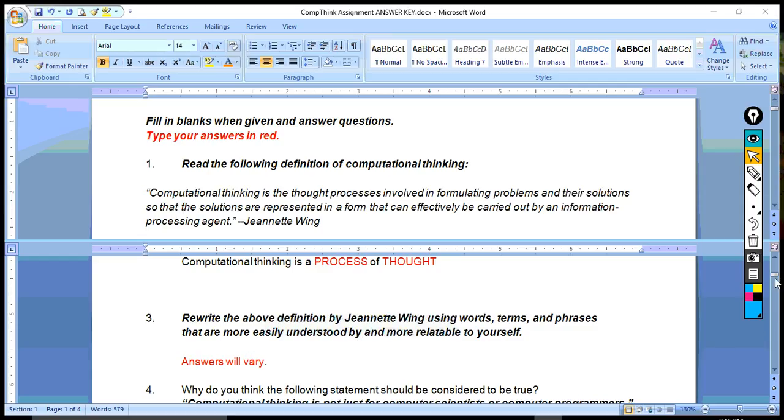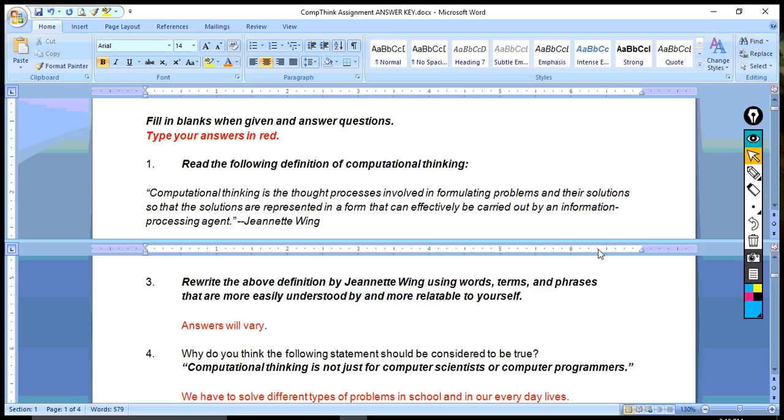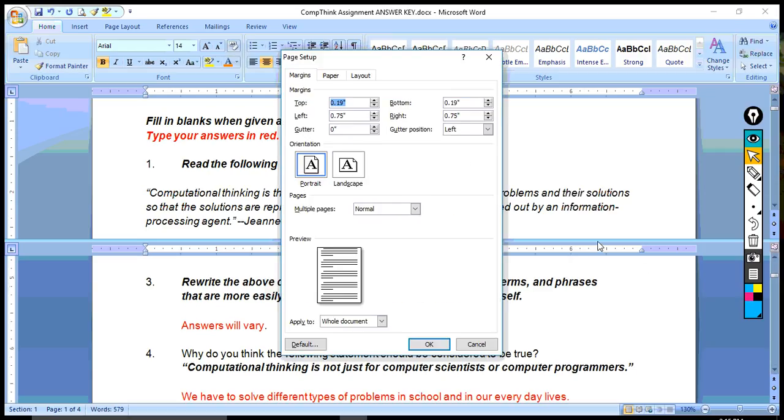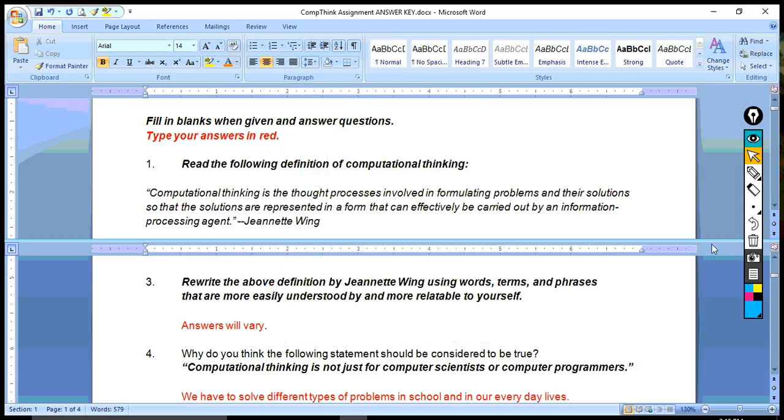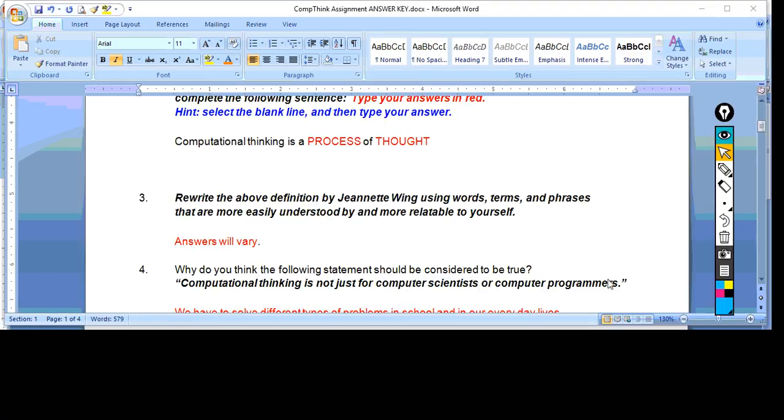And so the question here is, let's change something here. Okay, I made a little adjustment. Why do you think the following statement should be considered to be true? Computational thinking is not just for computer scientists or computer programmers.